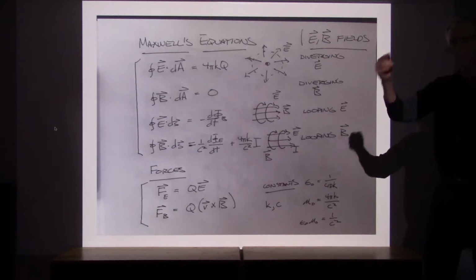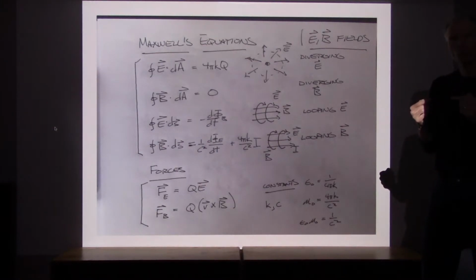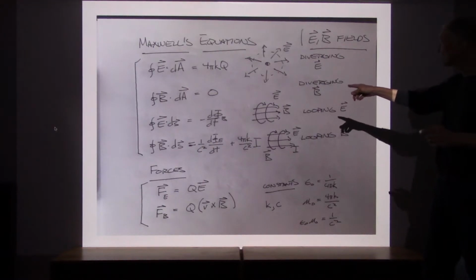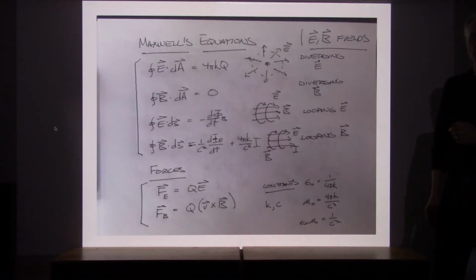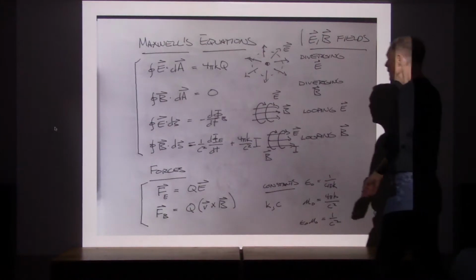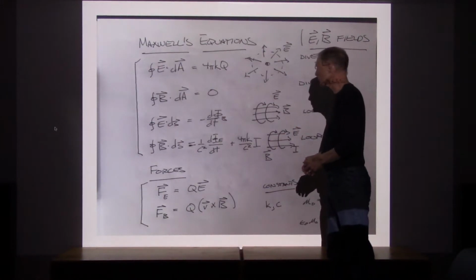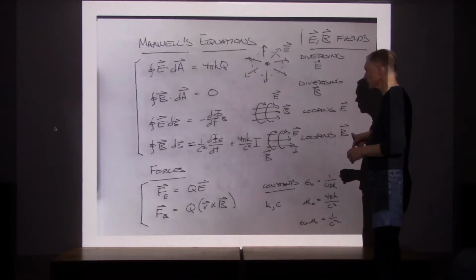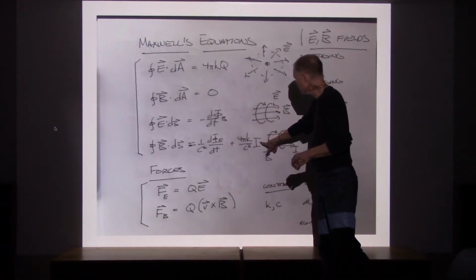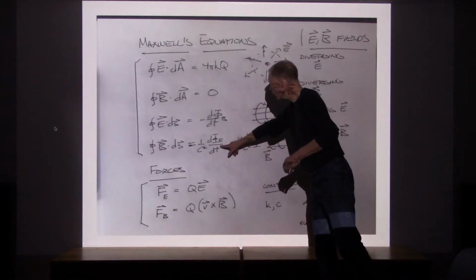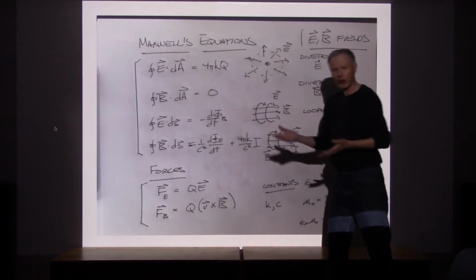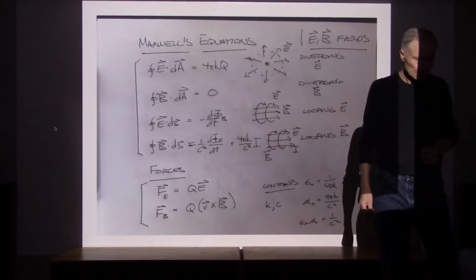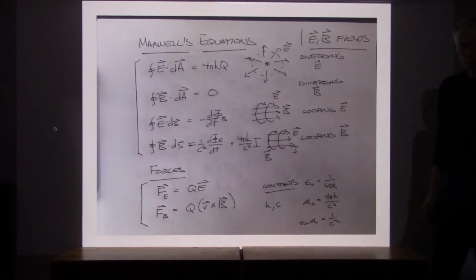Those EMFs that would show up surrounding regions of magnetic field were actually due to electric fields that were being generated. And then finally, the last Maxwell's equation says that looping magnetic fields can be generated either by currents, or they can also be generated by accelerating charges.